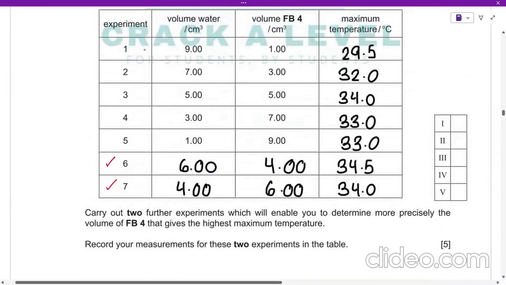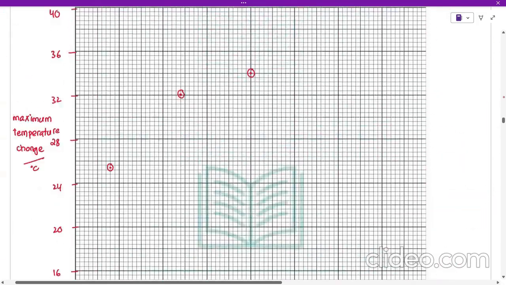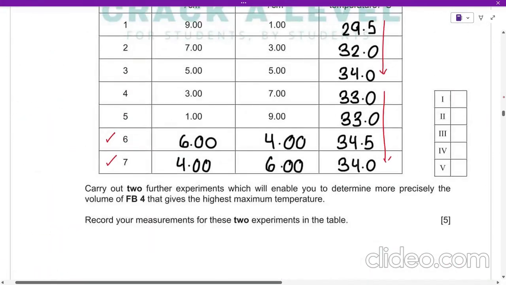Then we have 33 and 34.5. So now let's just take this as increasing and this will be the decreasing. Okay, so we will just amend this result a little bit, to 33.5, because these are just assumed values.